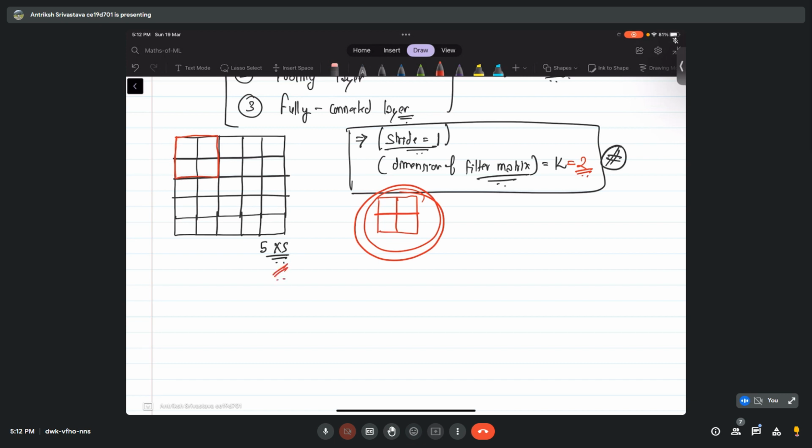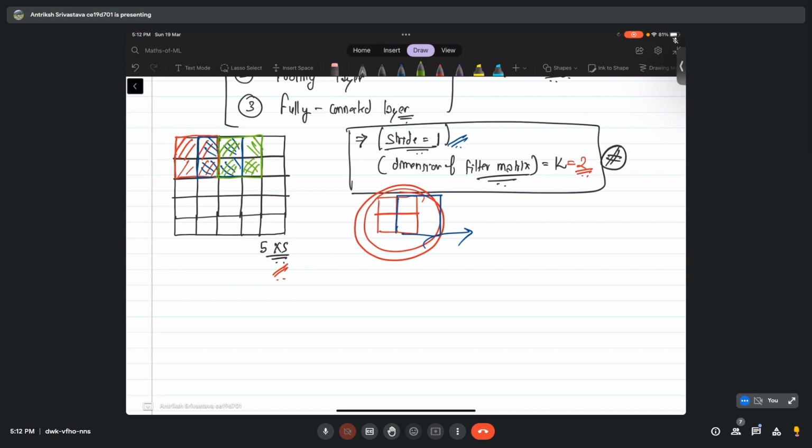So first it is going to check these 2 by 2 pixels. Then next, since you have given a stride of 1, what does that mean? When you go to the next, you shift by 1 pixel. So now it is going to these 2 by 2 pixels, and then next, these 2 by 2 pixels, and it is going to sweep through your image.